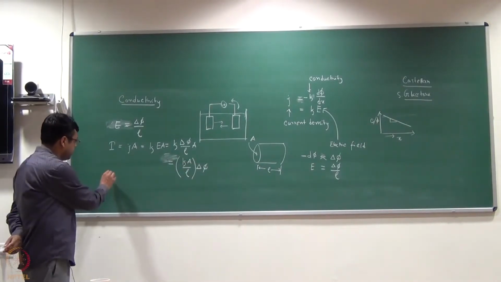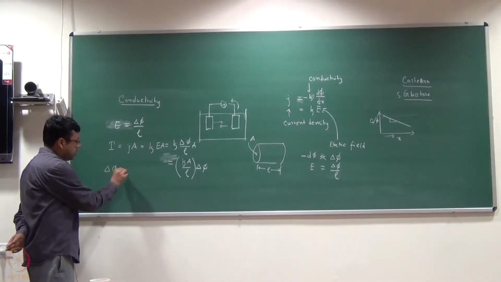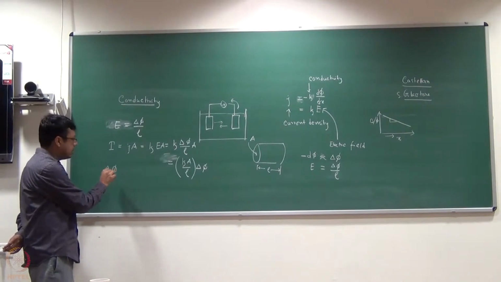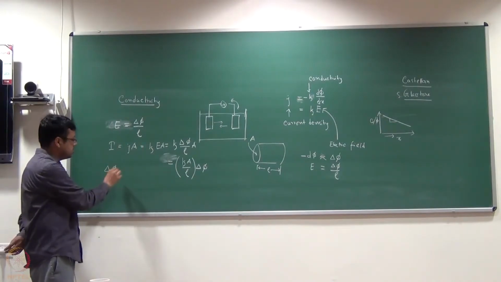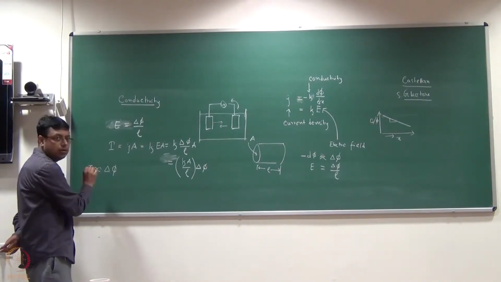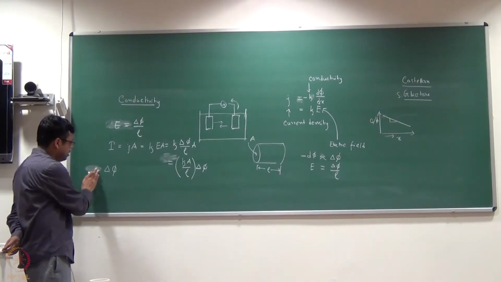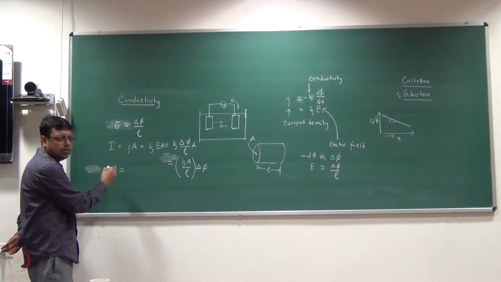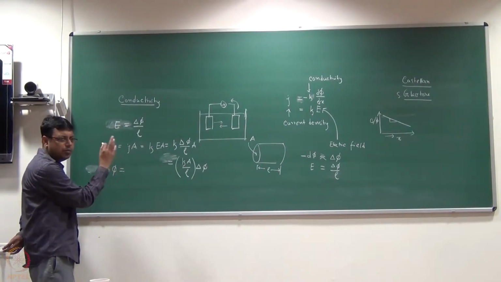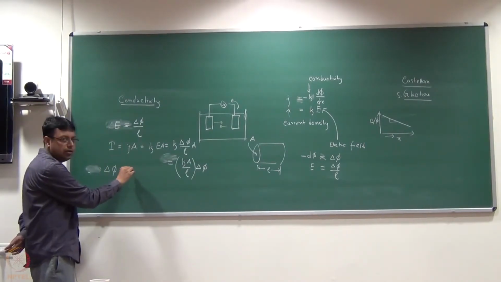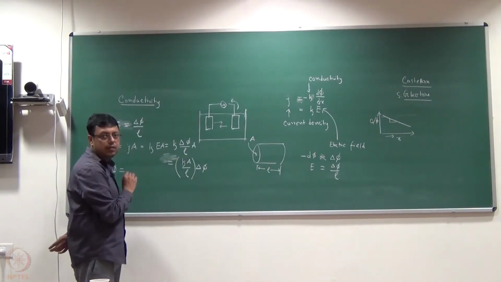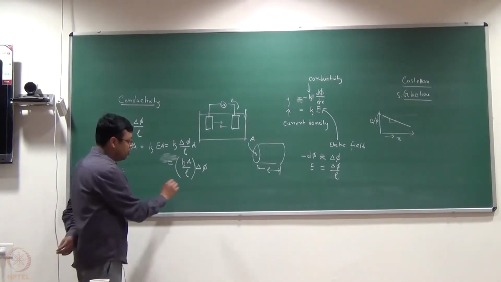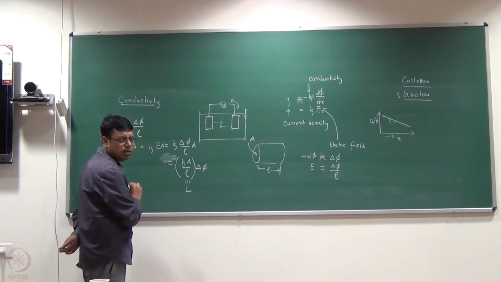If I have a potential difference delta phi, the statement says the current flowing is proportional to the potential difference, right? Now when you write it, you always write it as delta phi, or in some textbooks V2 minus V1, and then they write I into R. The proportionality constant we have here is the inverse of resistance, which is known as conductance.